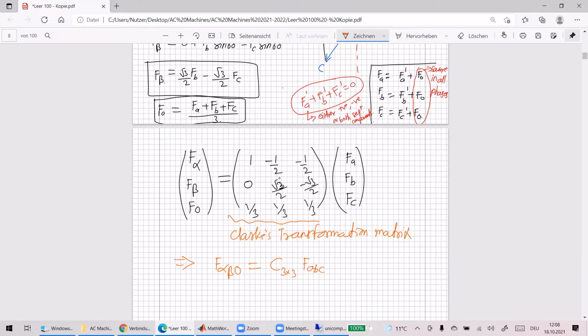And if you want to find the inverse Clarke, then you can simply do F ABC equal to C inverse F alpha beta 0.